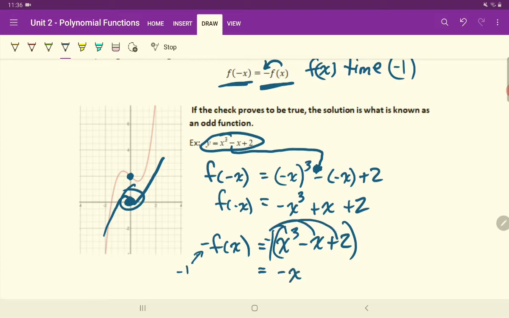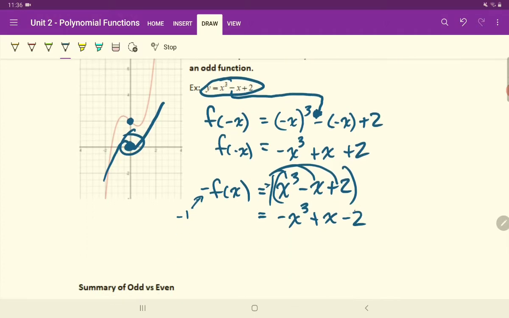You get negative x cubed plus x. Ooh, so close, right? But then negative 1 times positive 2 is negative 2. So take a look. Are these equations the same? Almost, right? And that's why it almost has symmetry at its origin. It does have point symmetry, just not at its origin. So it's very, very close.